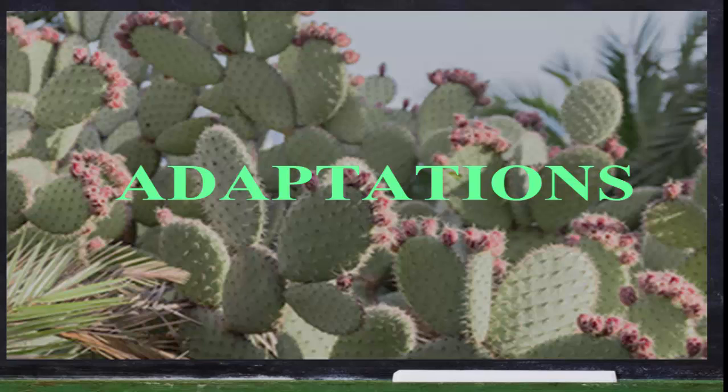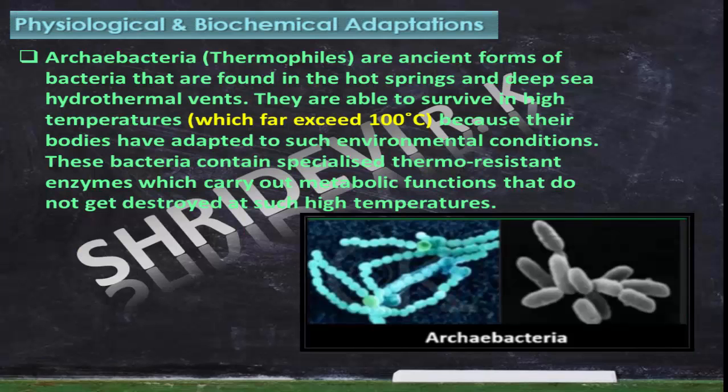So the last part of the adaptations is about the physiological and biochemical adaptations. The adaptation is not only seen with respect to morphology, as in case of desert plants, behavior as in case of desert organisms, particularly lizard, and even in case of the aquatic mammals, the mammals which are living in cold climate.